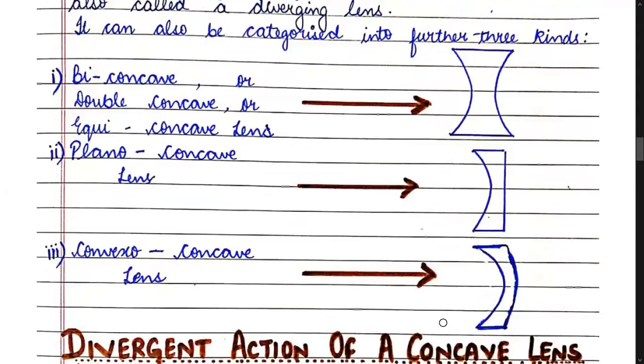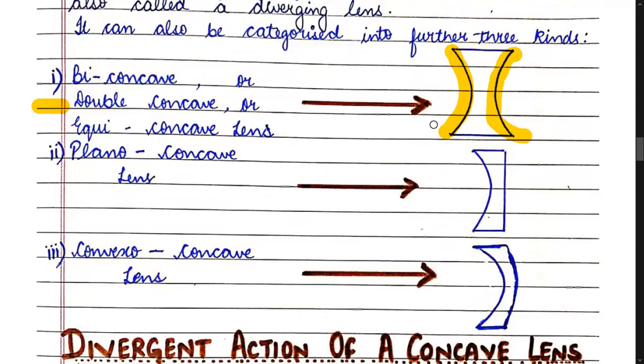Students, a concave lens can also be further categorized into 3 kinds. Number 1, a biconcave or double concave or equiconcave lens. In a biconcave lens, both the surfaces are concaved.